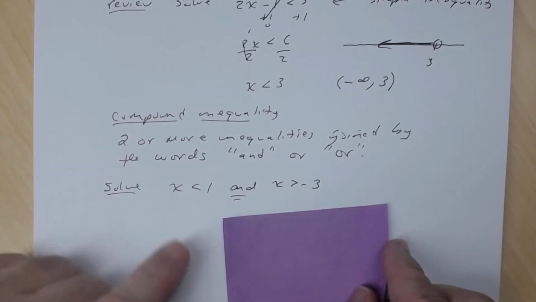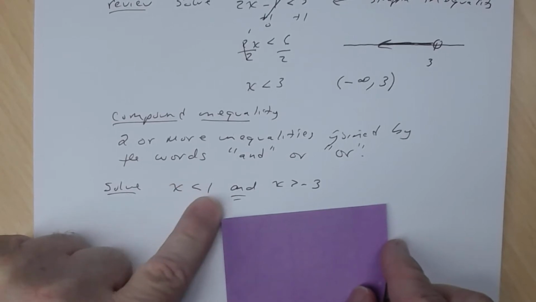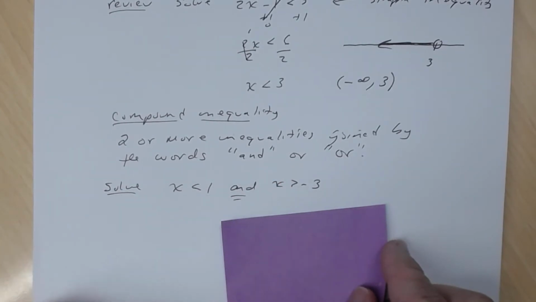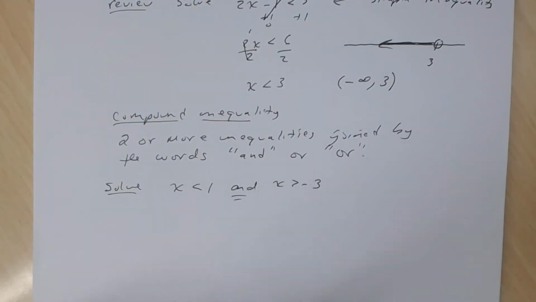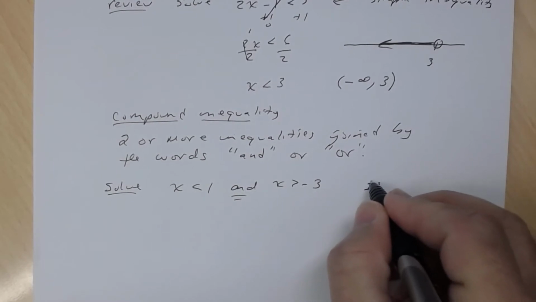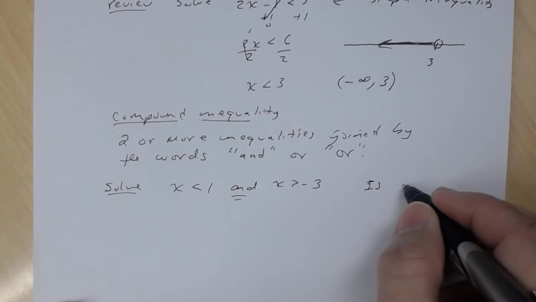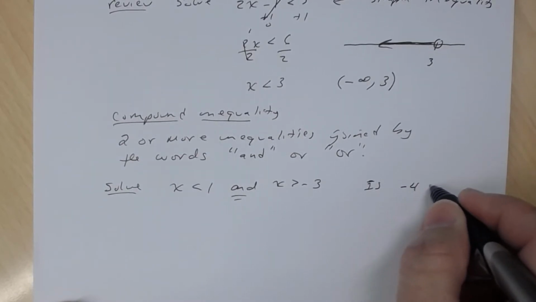Let's say that again. I want all the real numbers that are less than 1. And at the same time, those numbers have to be bigger than negative 3. So for example, let's say negative 4, is it a solution?